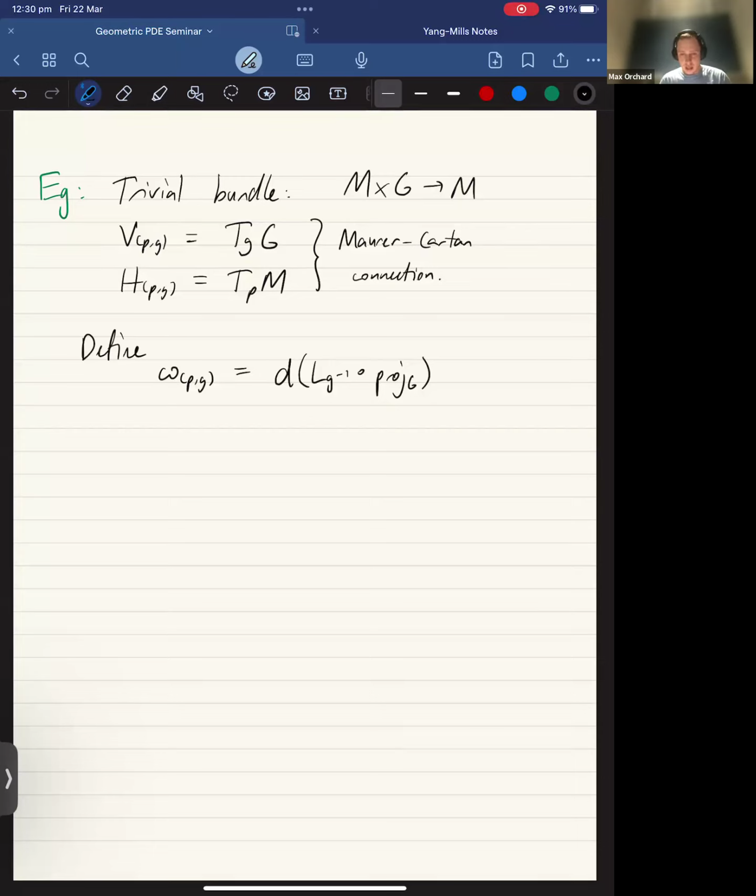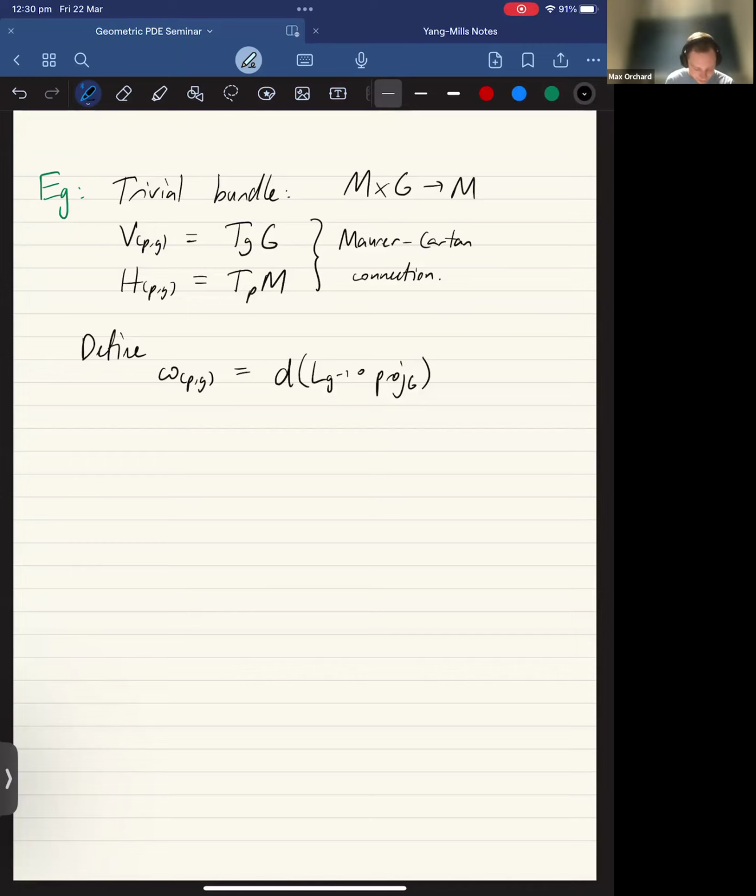Now, hopefully it's clear that the kernel of this map is going to be the horizontal subspace because, well, if you live only in TPM, when you project down onto the G component, you're just going to be 0. And if you have any other component in the vertical space, that is going to be preserved under the projection onto G. And then when you translate by this left multiplication, you're going to stay non-zero. So essentially, the kernel of this map is indeed TPM.